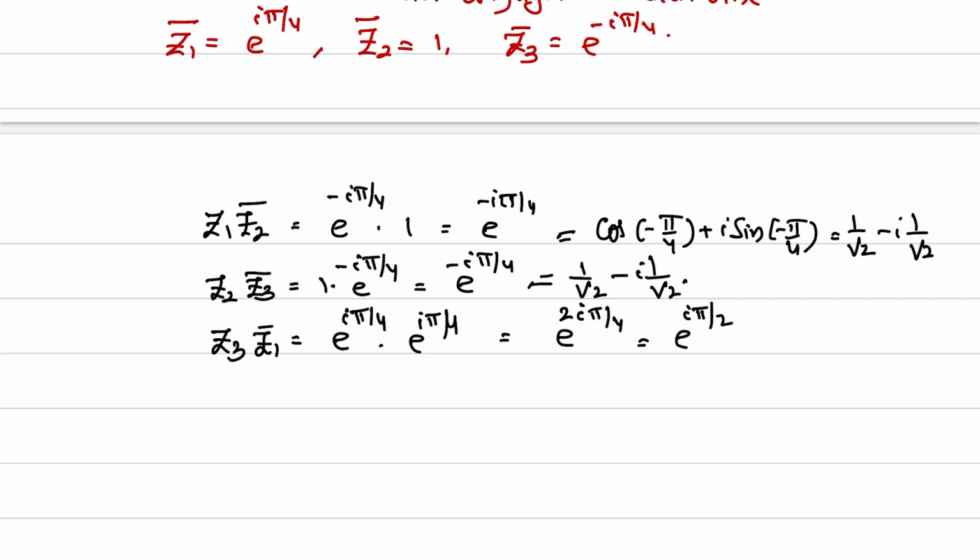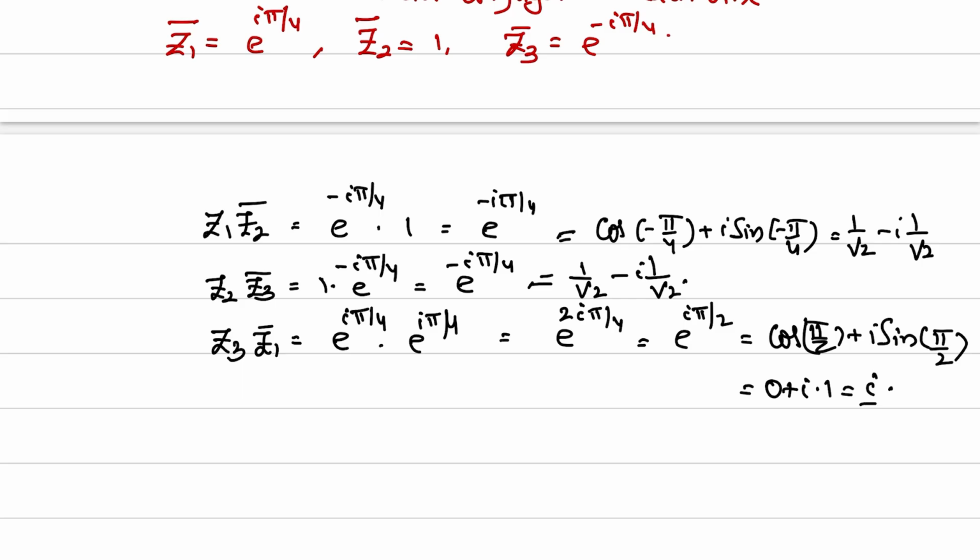Then Z3 into Z1 is equal to cos pi by 2 plus i into sin pi by 2. What is the value of cos pi by 2? That is 0. 0 plus i into 1, that is i.